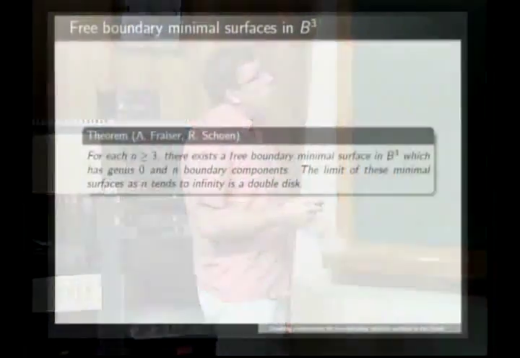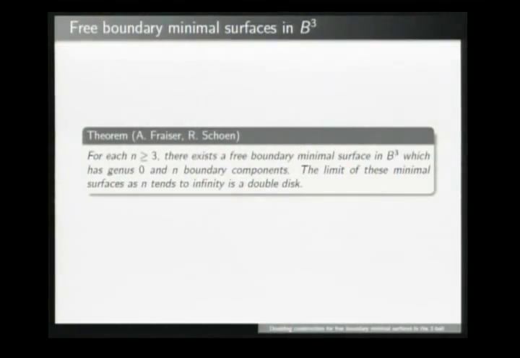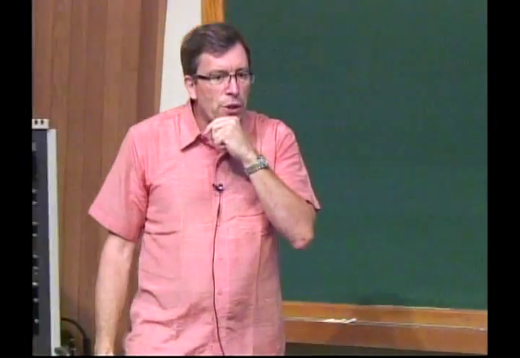So obviously there are some examples. You can start with the intersection of the three-ball with a plane, which gives you a two-disk, and this two-disk meets the boundary of the three-ball at a right angle. But also there is a special catenoid which has already been mentioned in a previous talk. You take the catenoid and scale it by a factor, let's say alpha, and there is a special value of alpha such that the catenoid will meet the boundary of the three-ball orthogonally.